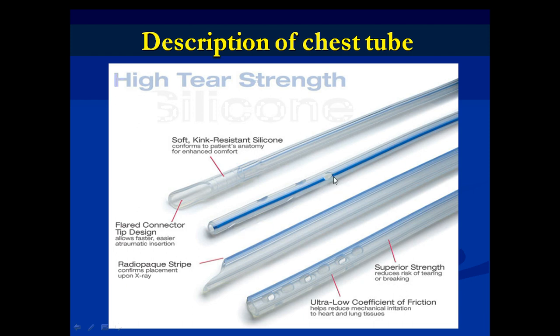Usually the last side hole, as we see here, is present at that radiopaque line. What's the importance of this radiopaque line? This radiopaque line will give us an idea about the position of the chest tube inside the thoracic cavity.